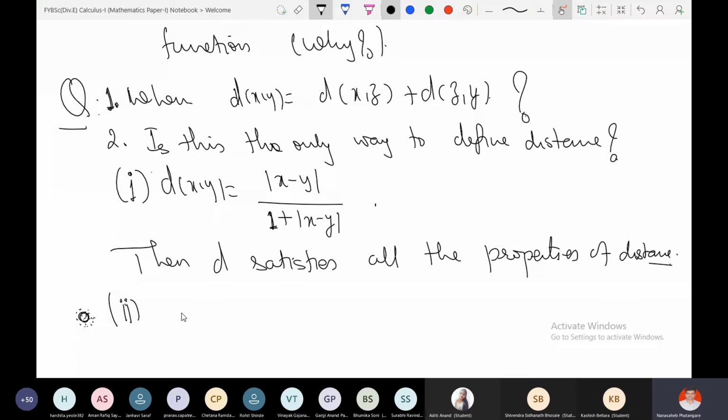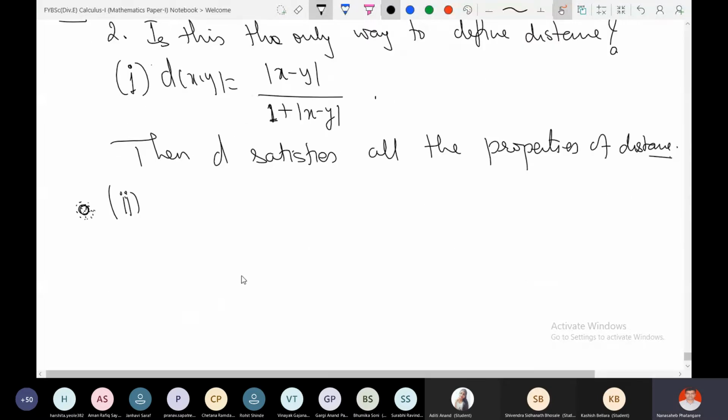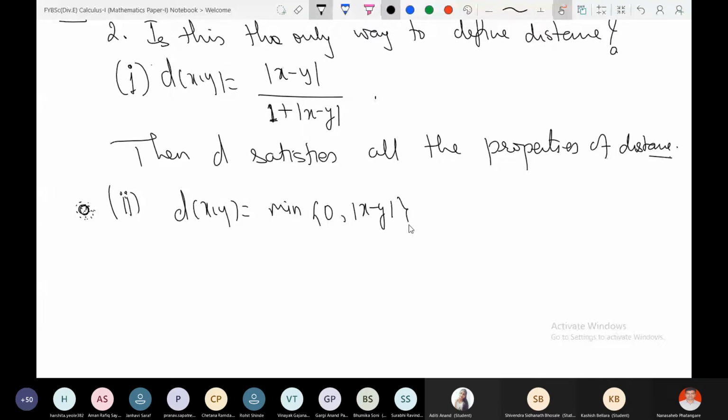So this is one way you can define the distance between 2 points. There are many other ways also, right? I should not tell you very difficult things at this level, but just to increase your curiosity, I can define d(x,y) equal to minimum of 0, right?